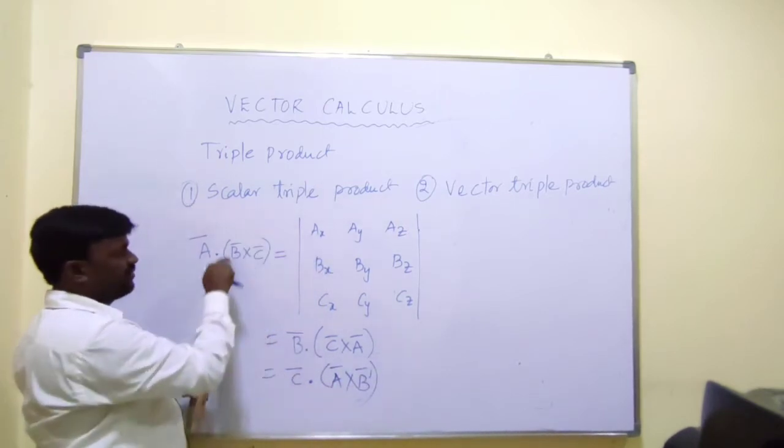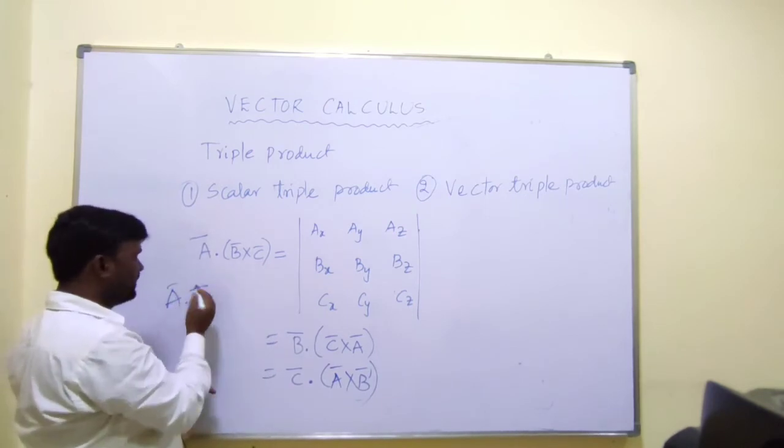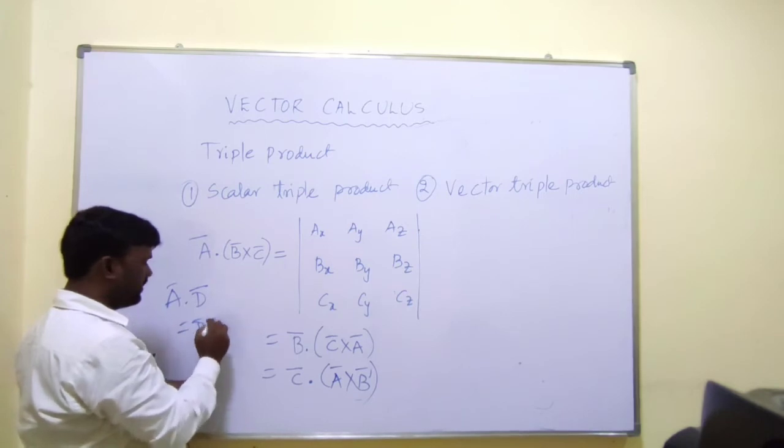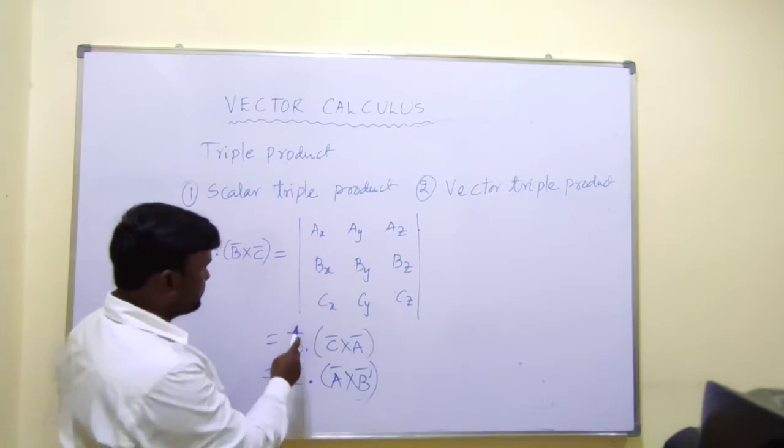Cross product gives a vector, and the dot product of two vectors, let us say a bar dot some d bar, is d bar dot a bar, like that.